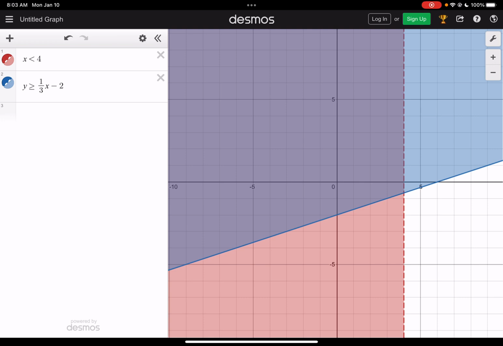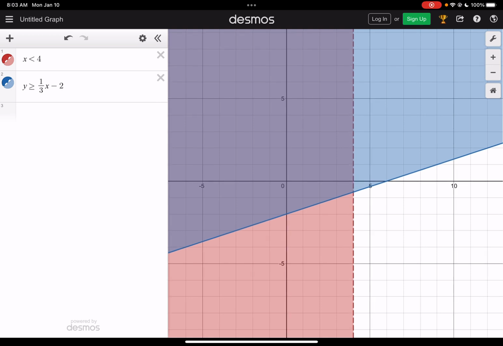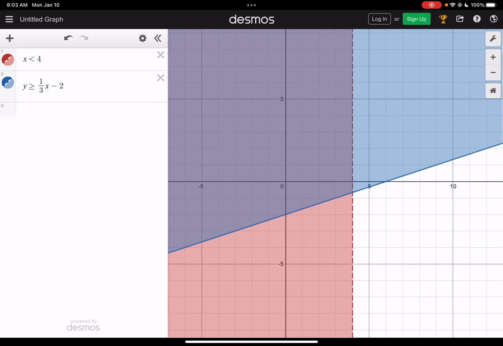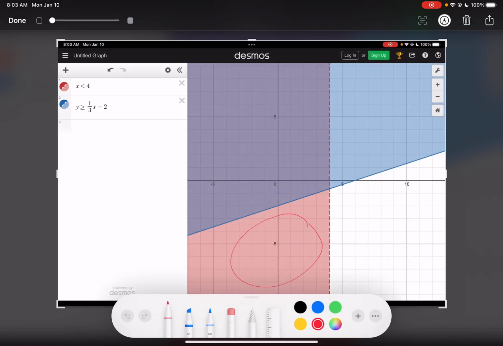And what I should be able to see by looking at this is I've got a red portion over here, and a blue portion over here, and when red and blue mix together, I get purple. And so purple is where my shadings overlap. It's both red and blue at the same time.